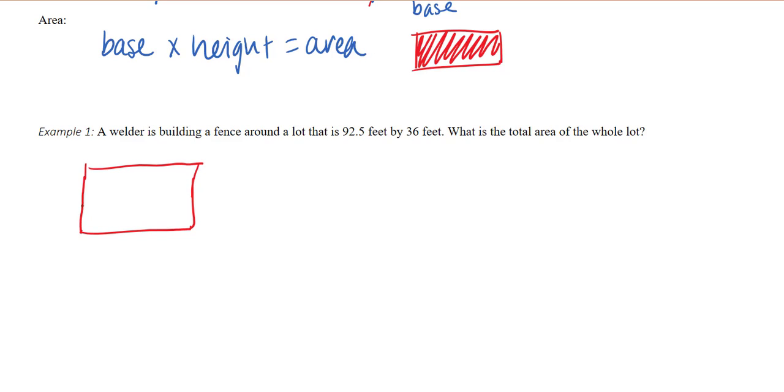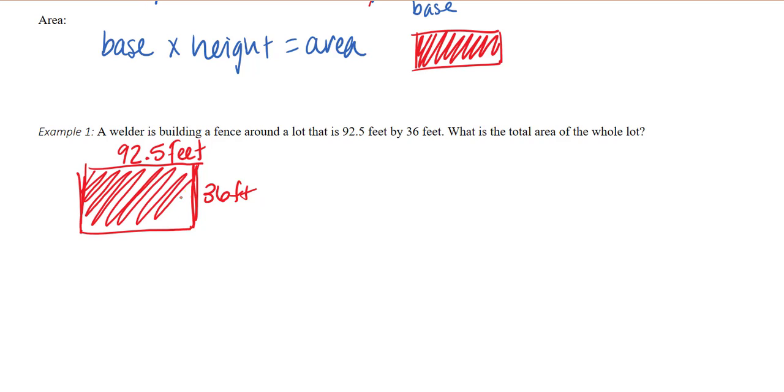So we have 36 feet here, and we have 92.5 feet here. So in order to find the area of this whole space, we're just going to go ahead and multiply. So let's go ahead and solve for the area.